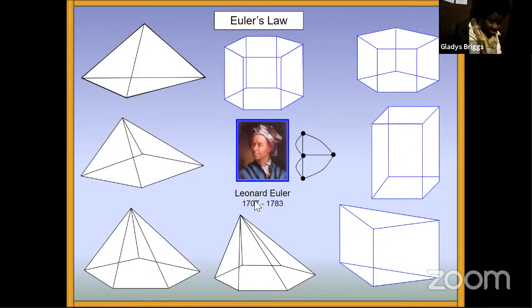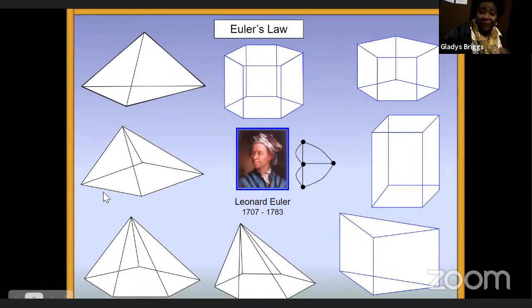He did some work with 3D shapes, and he tried to form a relationship between the faces, the vertices, and the edges, and he came up with a formula which they call Euler's formula.